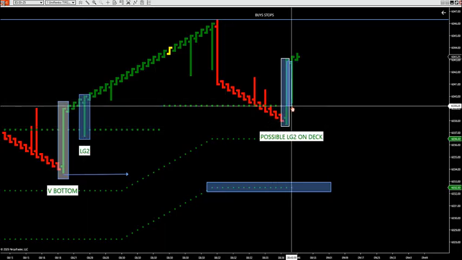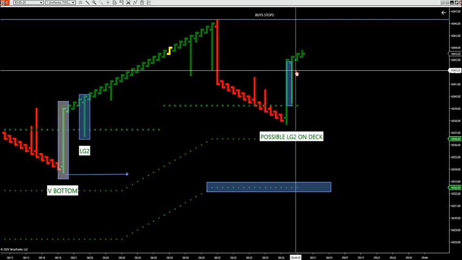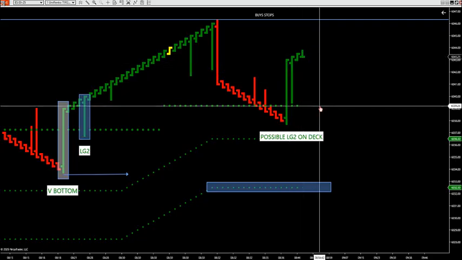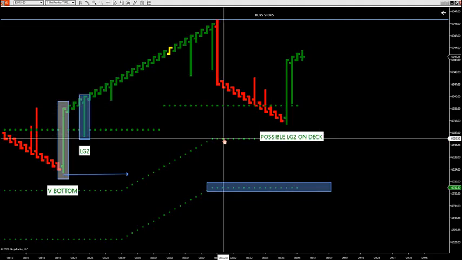Now they're grabbing liquidity again to see if they can bring this market higher. Now the best liquidity grabs are when you break the low of the previous candle.